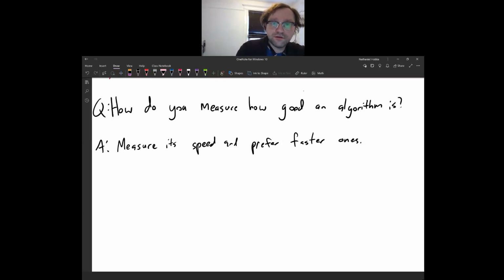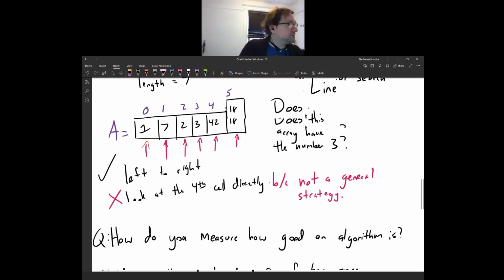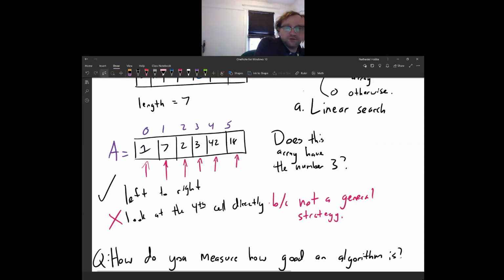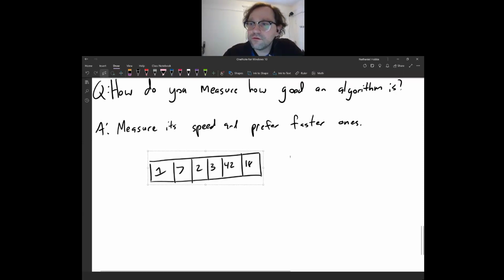Okay, how do you measure the speed of an algorithm? Let me take this array so I don't have to keep writing it over and over. Paste it here. Perfect. Okay. How about Jeffrey?